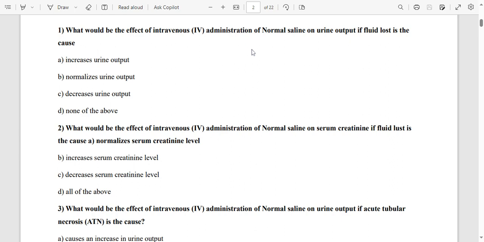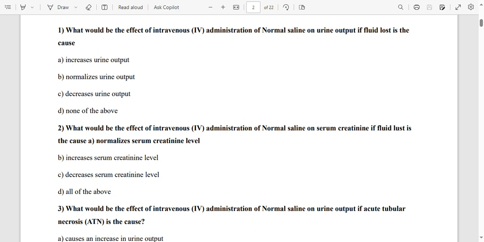Now because you added normal saline, it's more like you have added more water to the blood, so you have diluted it. So that volume is going to be dropping. How? By removing some of that fluid from the blood into the renal corpuscle, into the collecting tubules. So fluid is moving out of the blood into the collecting tubules, and there's an increase in urine output.